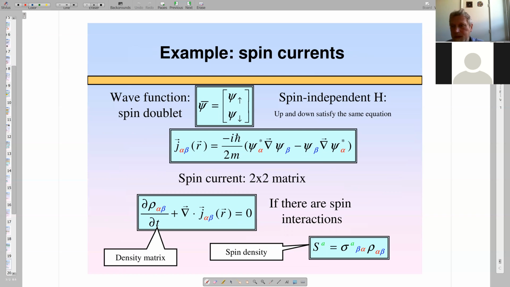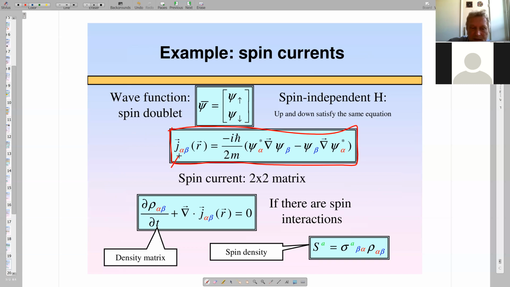Rather logical example is spin current. Let me recall that wave functions of electrons have two components, spin up and spin down. So it's like two wave functions I just had in the previous transparency. Let me make a matrix current in this way.